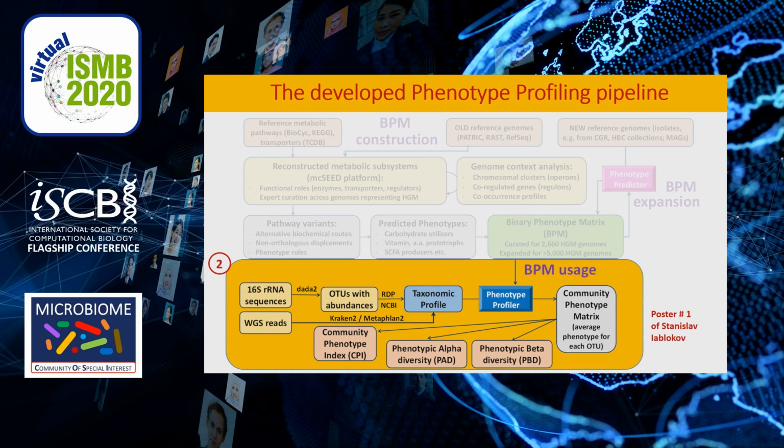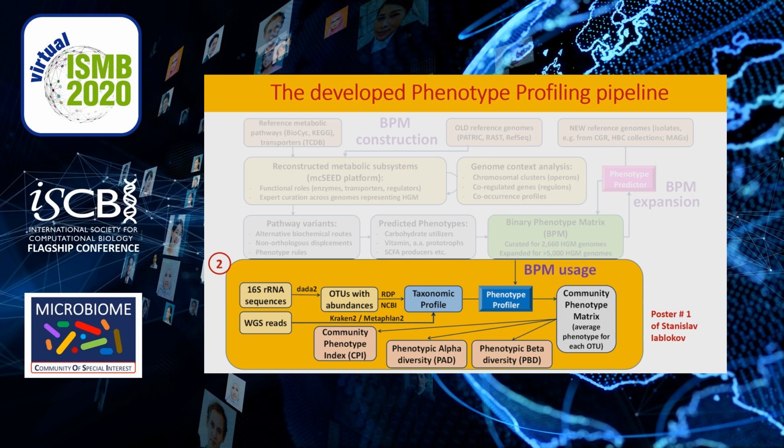At the second stage of the pipeline, we use the BPM to calculate several metrics describing phenotypic capabilities of real metagenomic samples. Input data are either 16S or shotgun reads, which are converted to taxonomic profiles by standard tools, and the Phenotype Profiler tool, which we developed, calculates the community phenotype matrix, which is an average phenotype for each species in the taxonomic profile.